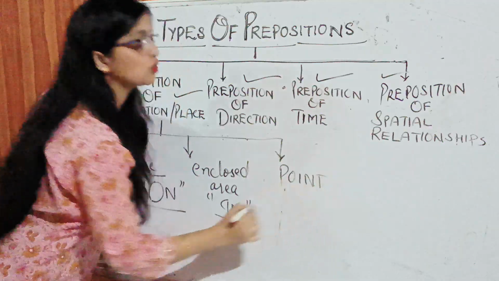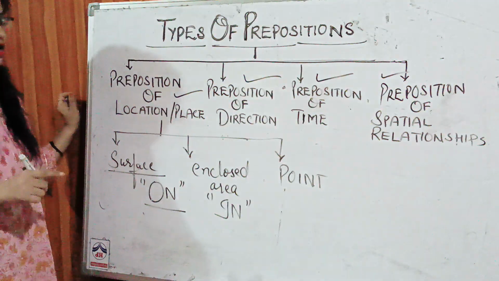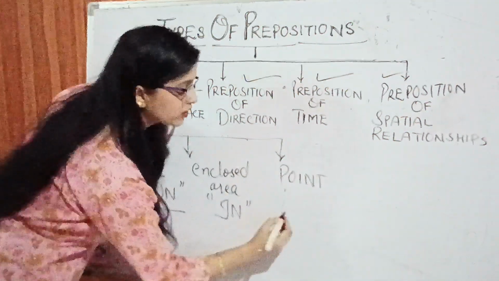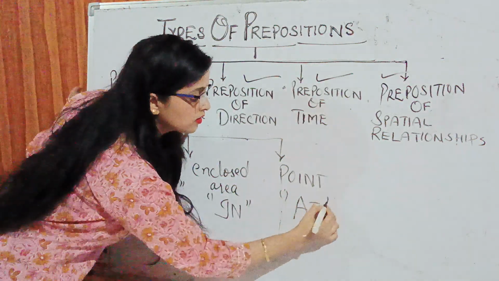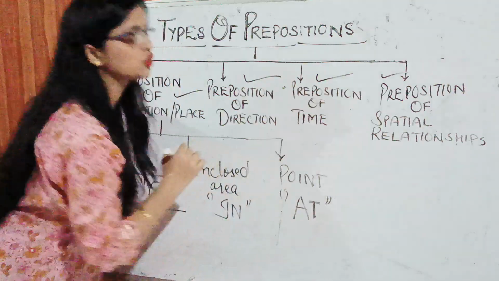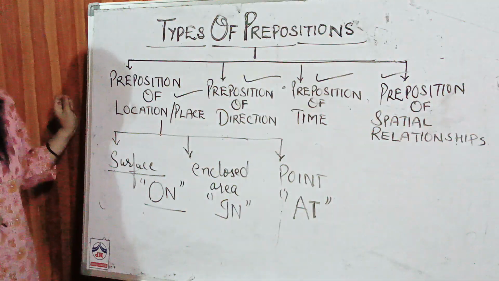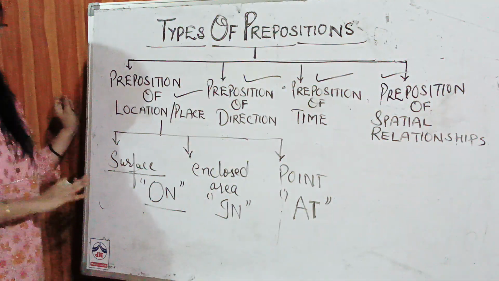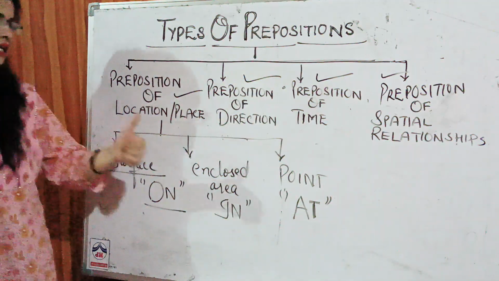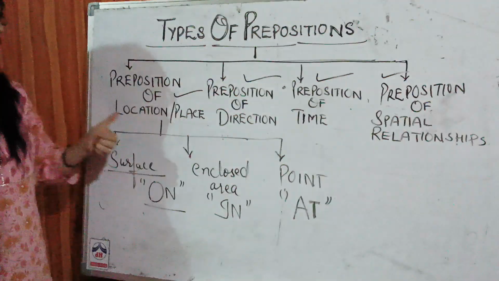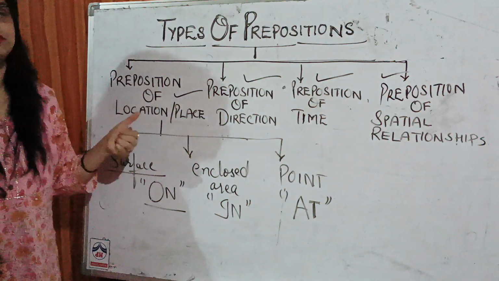Again, it indicates the location of one thing on the basis of point, and it includes a very important preposition, that is at. So we are going to deal with all three important prepositions: on, in, at, but today on the basis of location and place only.